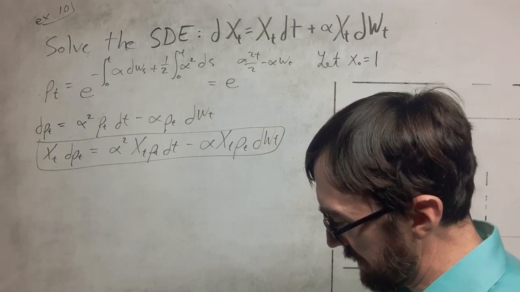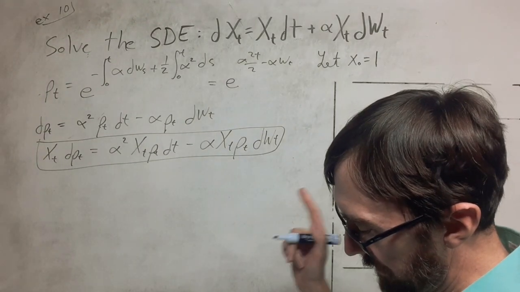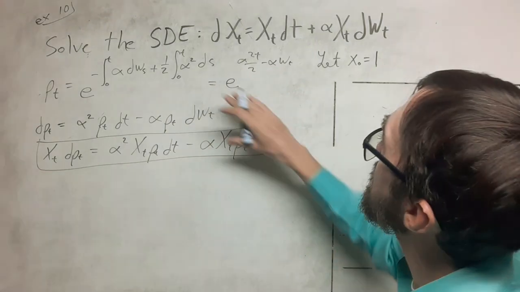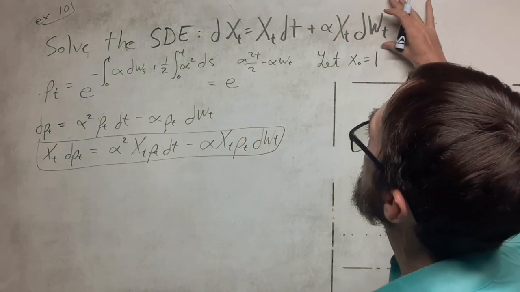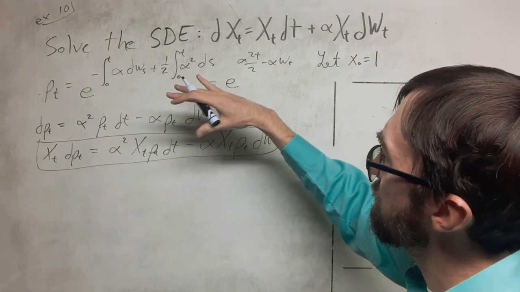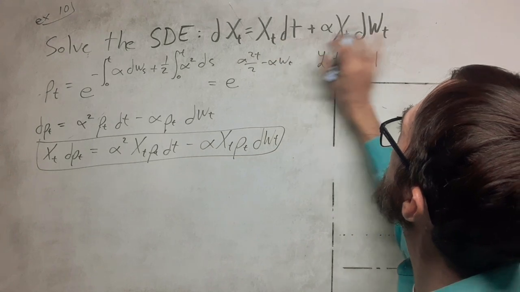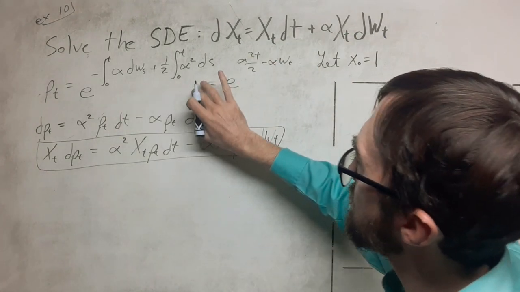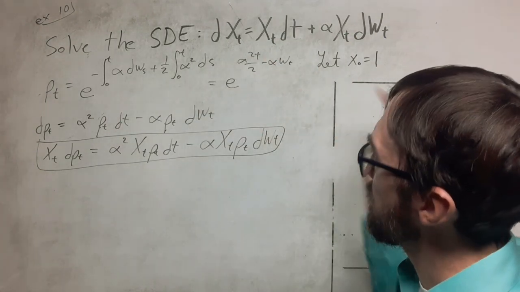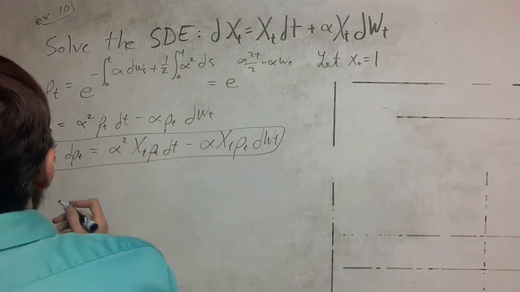The next thing that we want to do is multiply the derivative of x sub t, which is our original given, by the derivative of rho. So this thing times this thing. Since this has 2 terms and this has 2 terms, it's a matter of double distribution, and then we're going to have to simplify that.